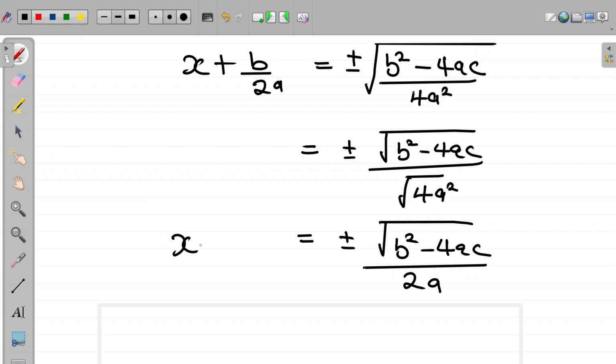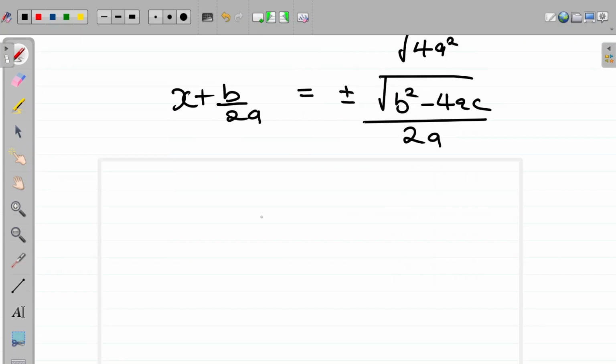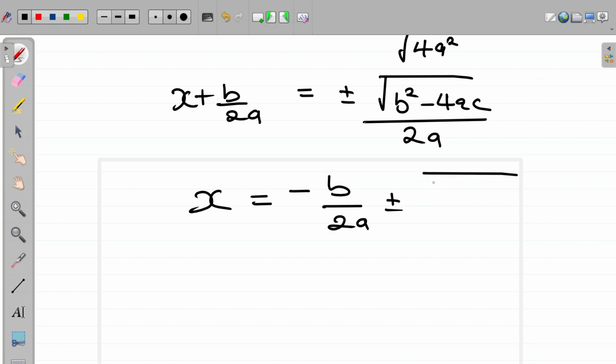So we have x plus b divided by 2a. Now to make x our subject, we move b divided by 2a to the right hand side. We have that x is equal to minus b divided by 2a plus or minus root of b squared minus 4ac divided by 2a.